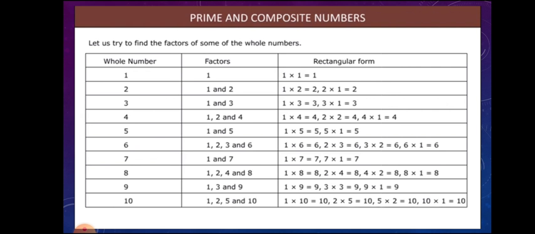So children, in the above table, we observe that 2, 3, 5 and 7 have only 2 factors. You can see this. 2, 3, 5 and 7 have only 2 factors, the number itself and 1. So, let's move on.